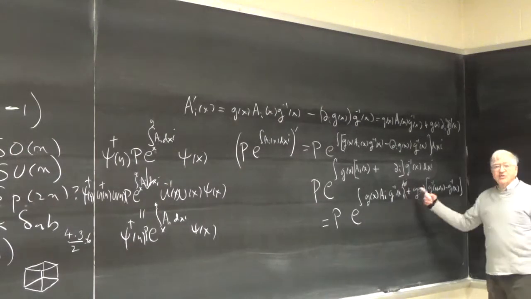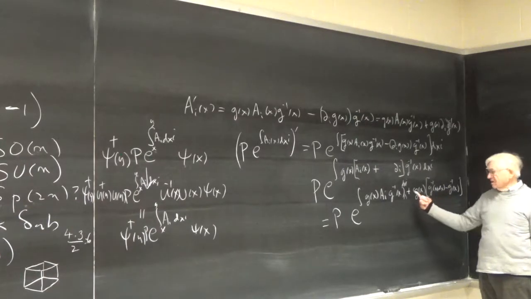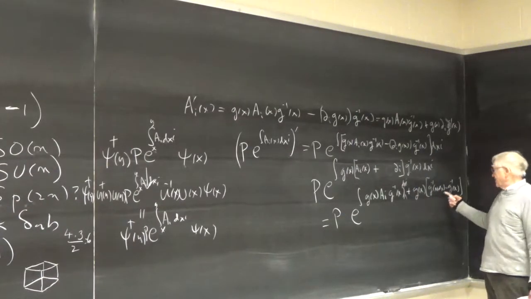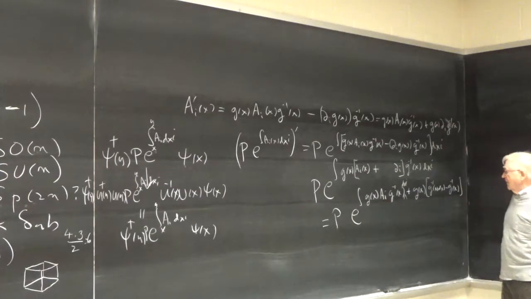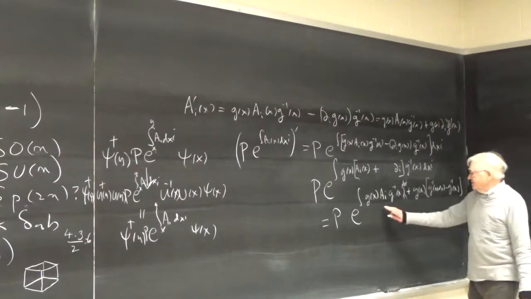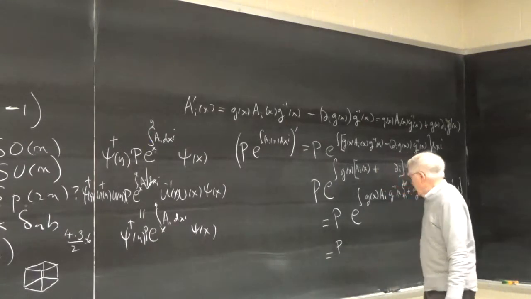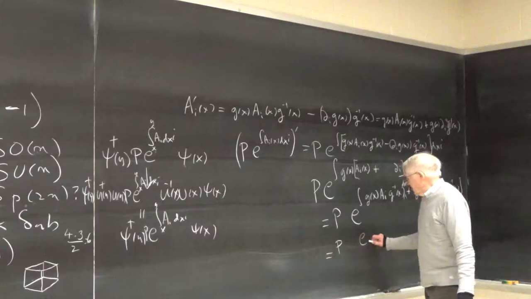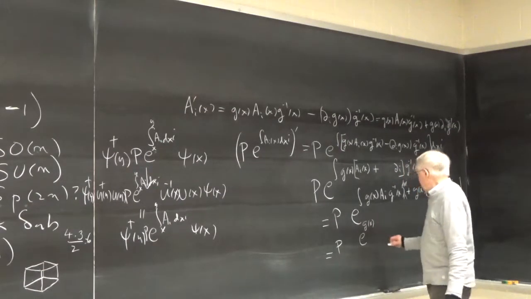Now, these are both of the same order of smallness, because this has an explicit dx, and this has the dx in it somehow. And so what I'm going to say is that this little thing here, I'm going to rewrite as a path-ordered product of e to g of x.